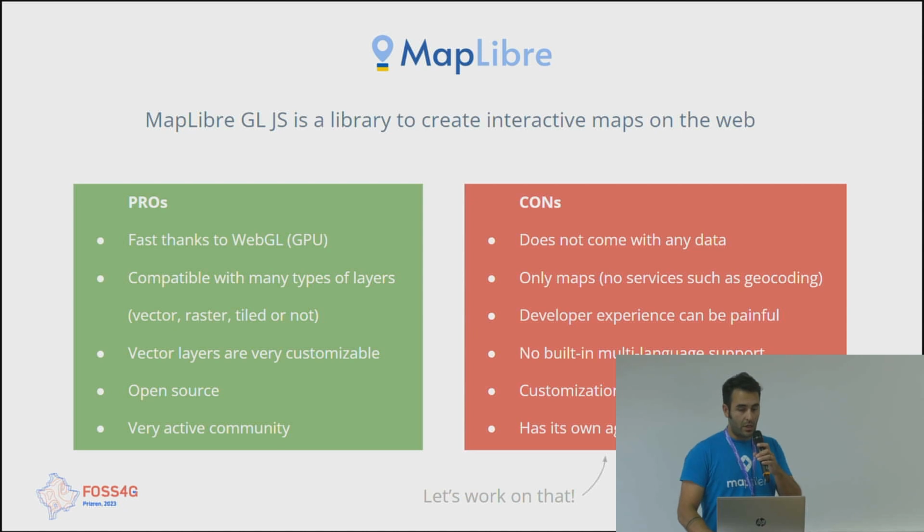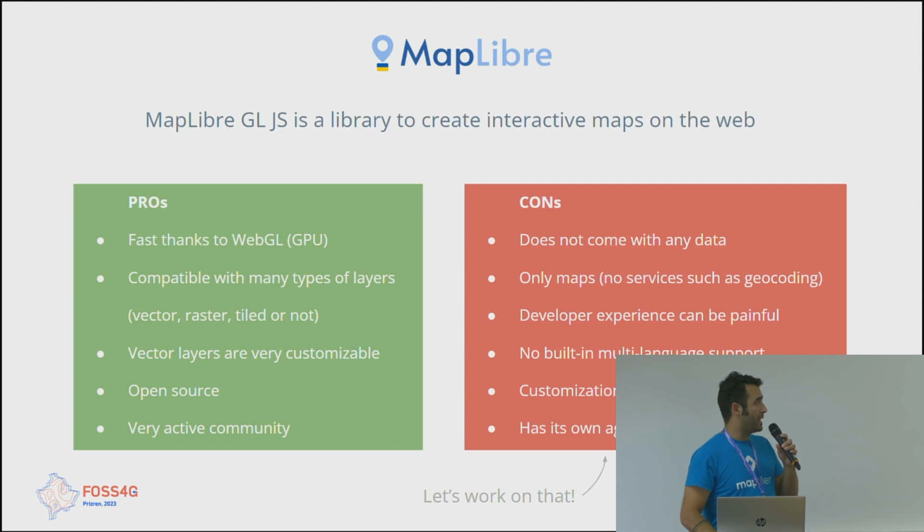So first, since it's an extension of MapLibre, it's worth making a recap as to why we are extending it. MapLibre GL is a JavaScript TypeScript library to create interactive maps on the web. The pros are, for maybe those who don't know, it's pretty fast and pretty smooth. It's powered by GPU WebGL on the display side.